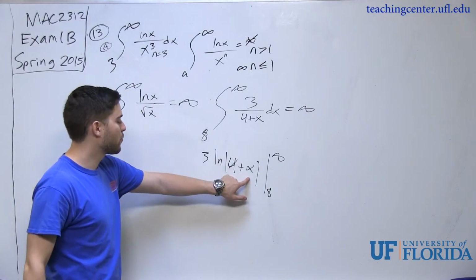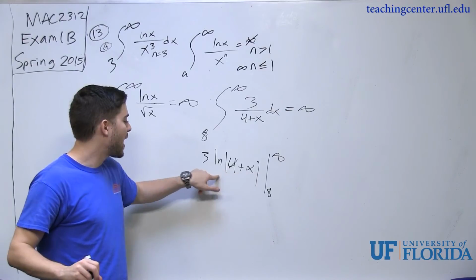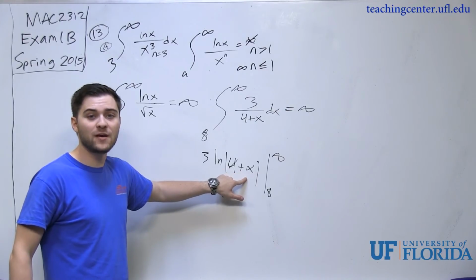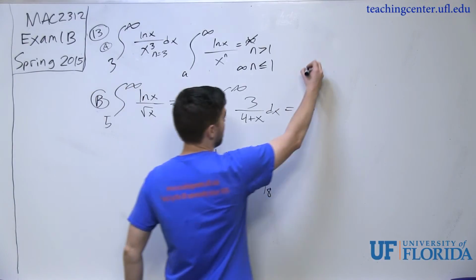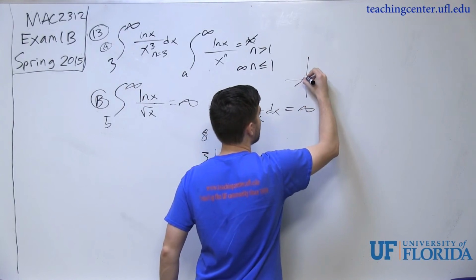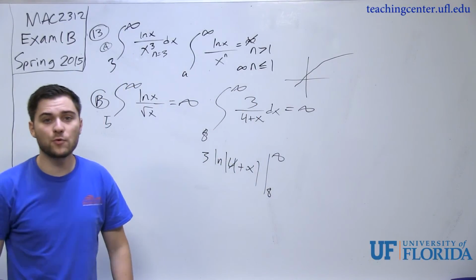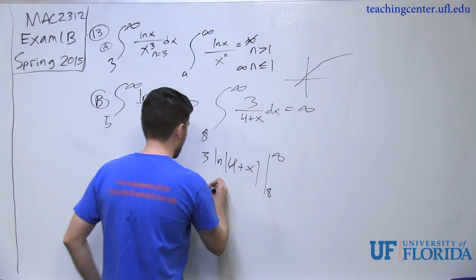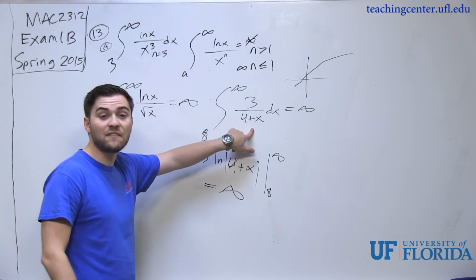Now, when I plug in infinity, if I take the limit as x is approaching infinity, I get natural log of infinity. Natural log of infinity is infinity. If you look at a graph of natural log, it is approaching infinity very, very, very slowly. But it is still approaching infinity. So that means that this whole term is just infinity. So this is divergent as well.